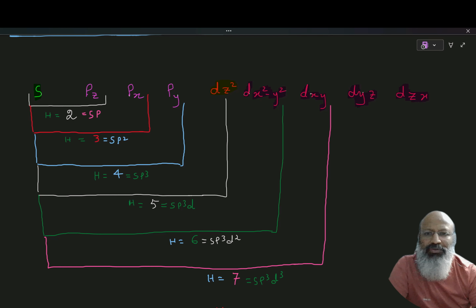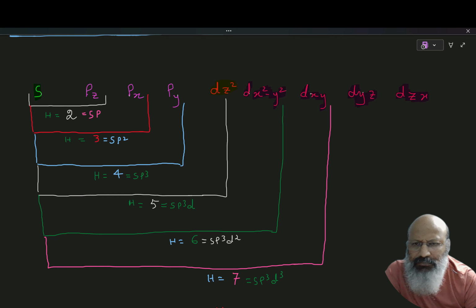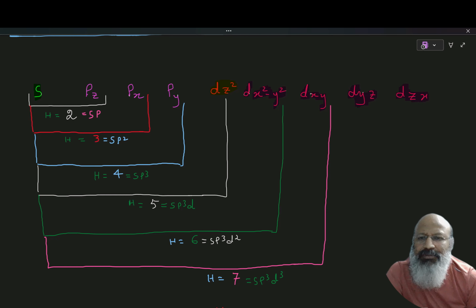One thing you need to notice: when your answer is 2, you can take s and any p out of the 3, but I have taken z. The reason is very simple. People consider that the molecule is formed along the z-axis.